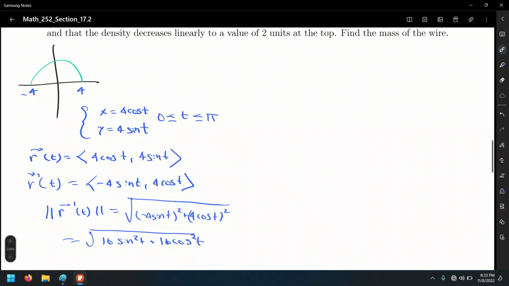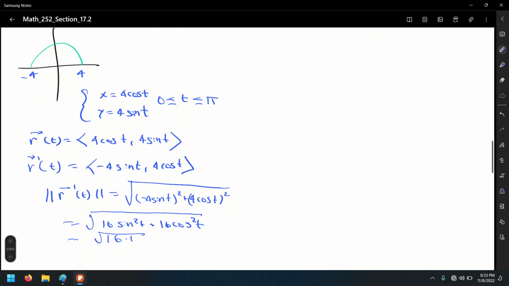We can factor out the 16, giving 16 times 1, because sine squared plus cosine squared is an identity that equals 1. The square root of 16 is a nice number, 4.